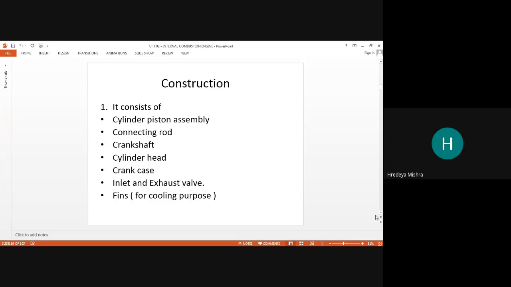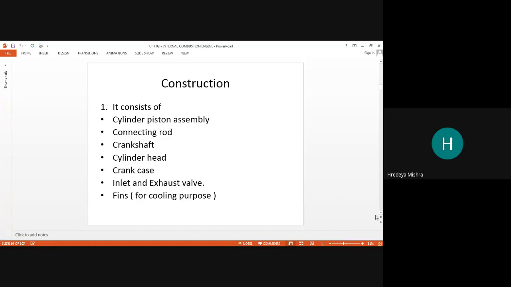The main difference between the four-stroke petrol engine and the four-stroke diesel engine is that in the place of the spark plug, there is a nozzle.